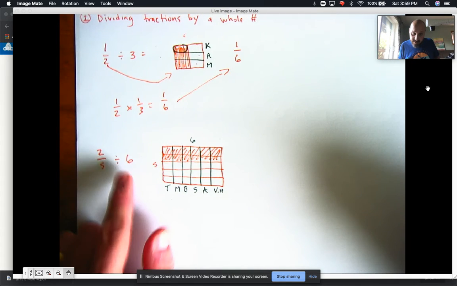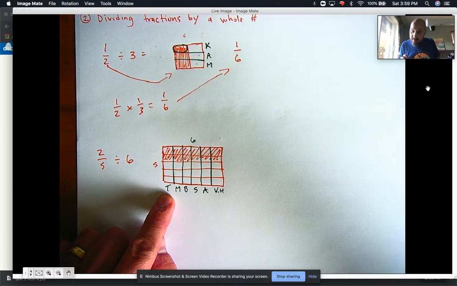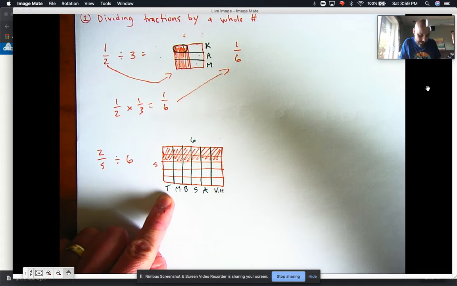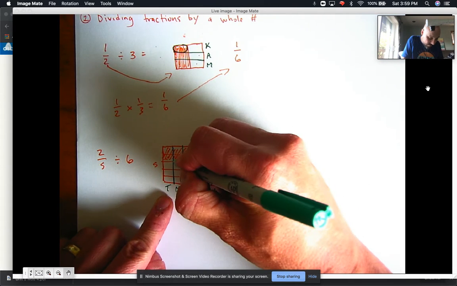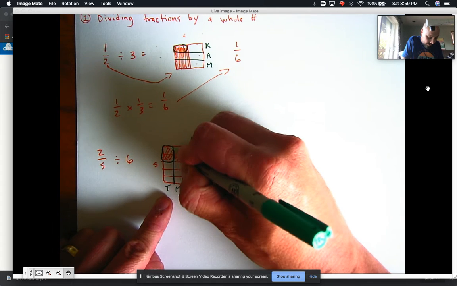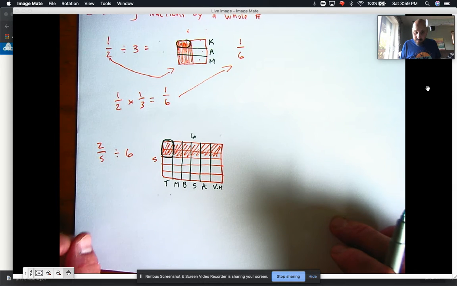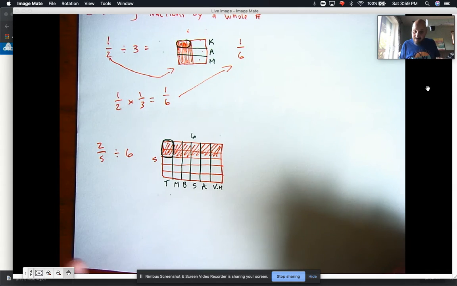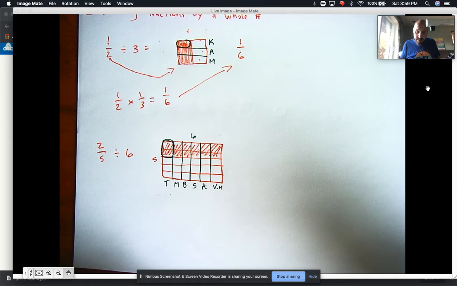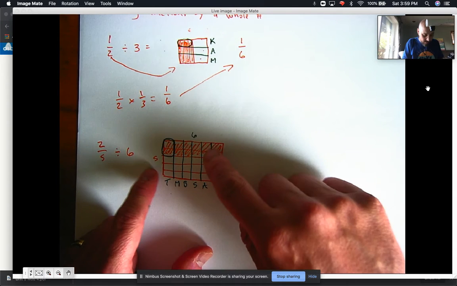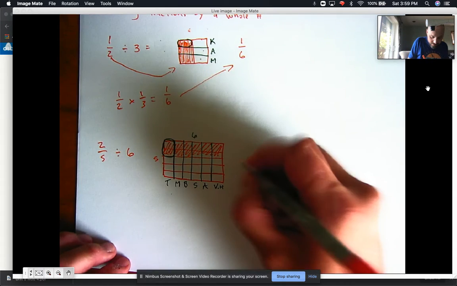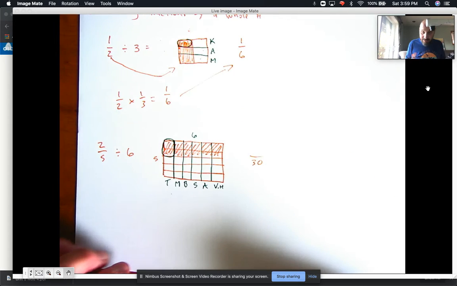Out of 6 kids, how many pieces does Talon get? He gets both of these pieces up here because he gets the total in his little row. So Talon gets 2 pieces, but out of how many? Well, it's an area model, so 6 times 5, that's 30. We have 30 total pieces, or we did at one point.